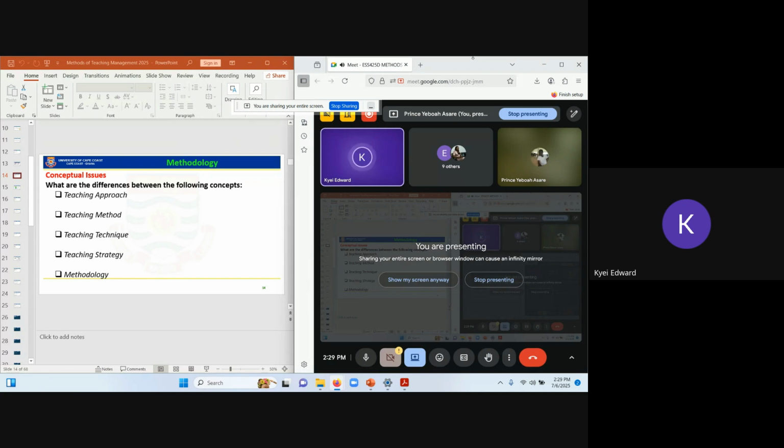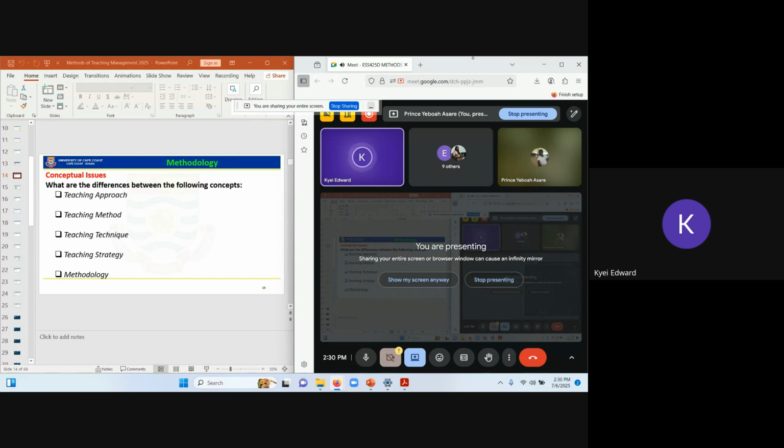So anytime you are teaching, you go by that philosophy you have in mind, or that concept you have in mind based on maybe the theories you've learned. Then talking about the teaching methods, out of your teaching approaches, you come out with a method or a way of delivering or a way of facilitating in your classroom. So it could be, as Madam Poma said, either lecture method, discussion method, and the rest.